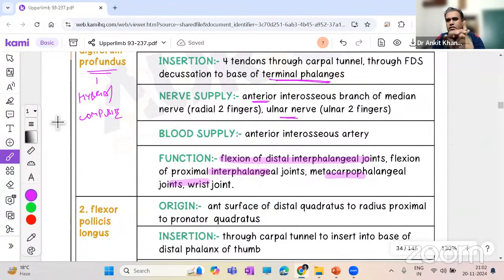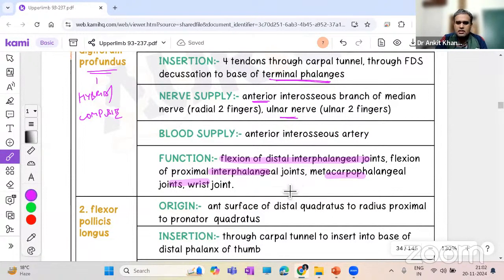And if they show you only the DIP being flexed like this, and ask which muscle causes this, then you should know the answer: if only the DIP is being flexed, it is FDP. And if the PIP is shown as flexed, then it is not only FDP, it can be FDS also very easily.